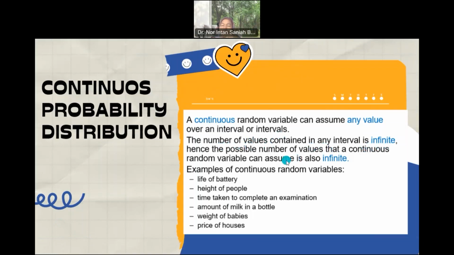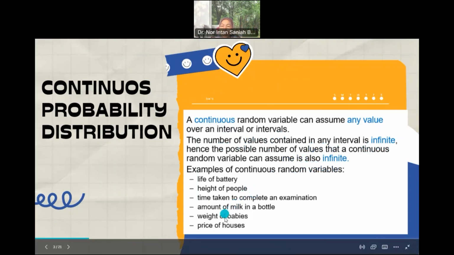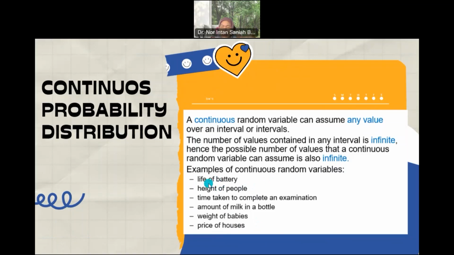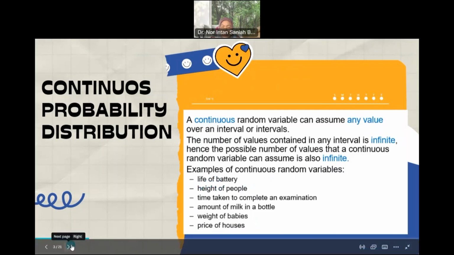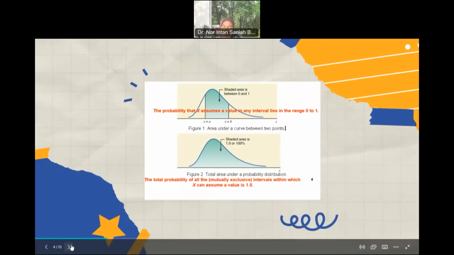Hence, the possible number of values that a continuous random variable can assume is also infinite. For example, life of battery, height of people, time taken to complete an examination, amount of milk in a bottle, weight of babies, and the price of houses. These examples show continuous random variables, which have infinite values in the interval or intervals.